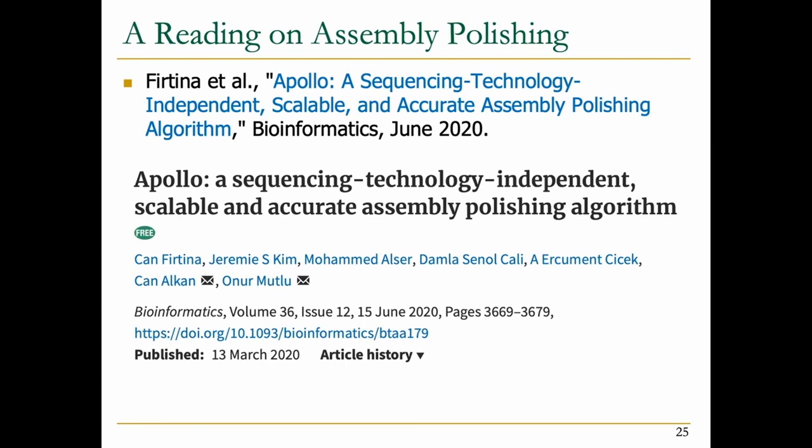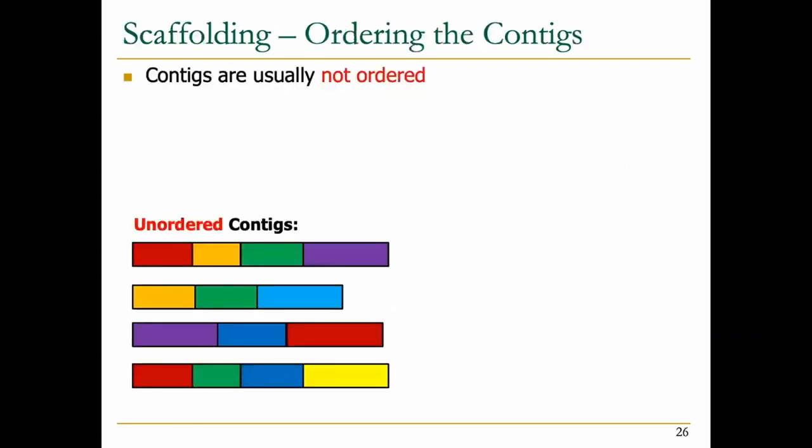Another step to further, let's say, improve the contiguity of the assembly is referred to as scaffolding, which is ordering the contigs. Once we generate the contigs, these are usually not ordered.